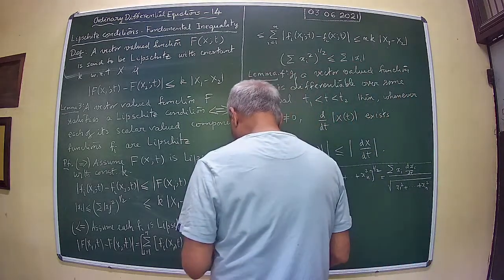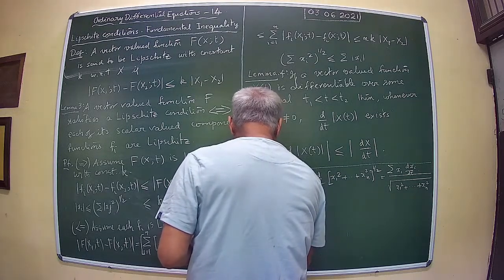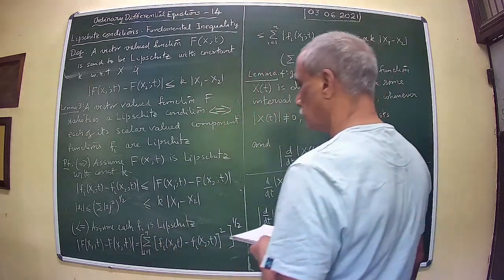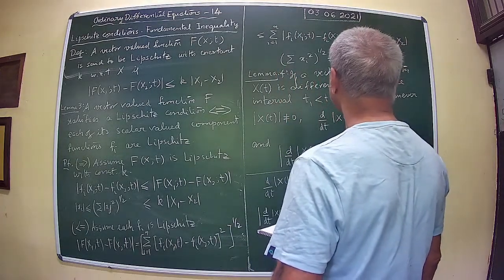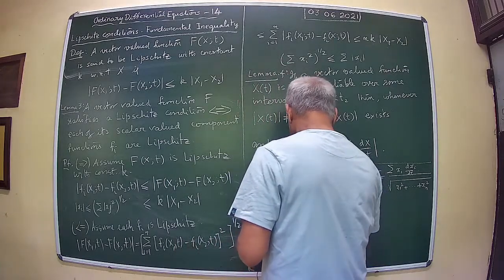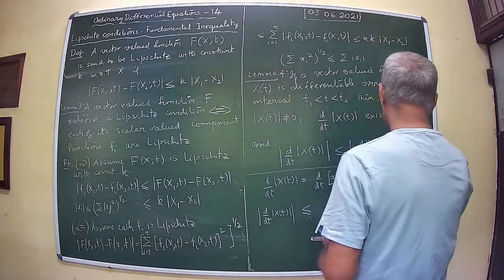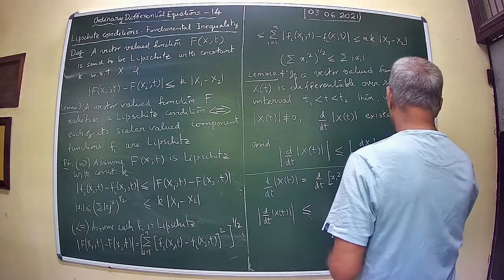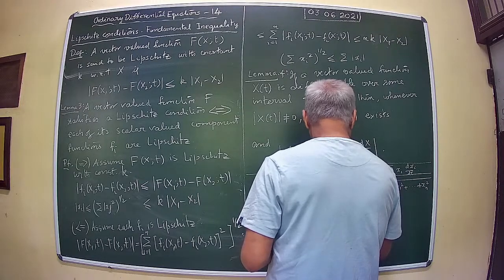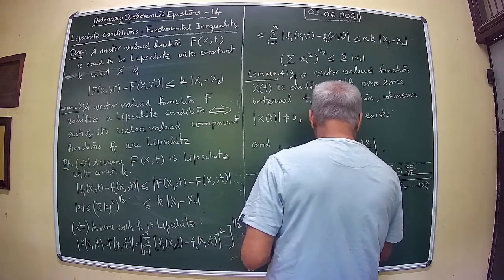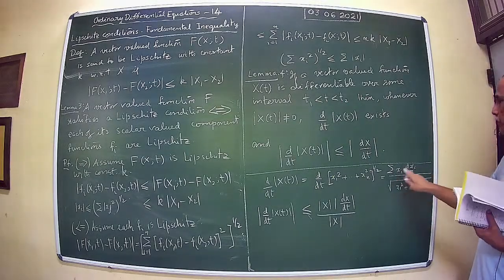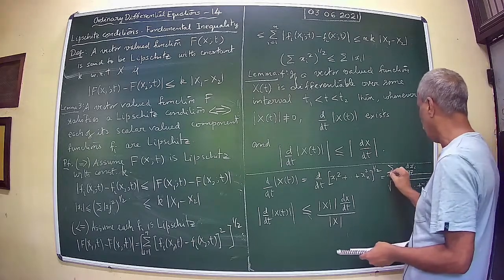Therefore, what you get is that this is bounded by the norm of x here, and the norm of x' here, because you are applying Cauchy-Schwarz inequality on the sum from i equal to 1 to n.